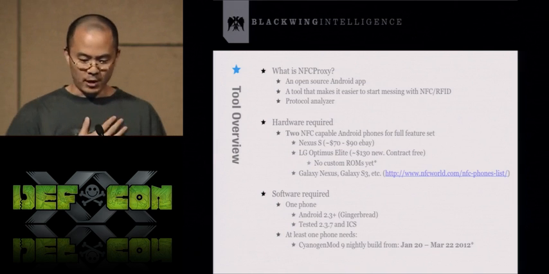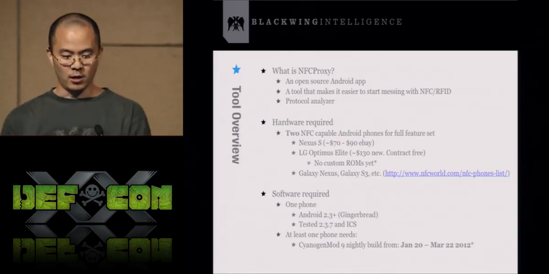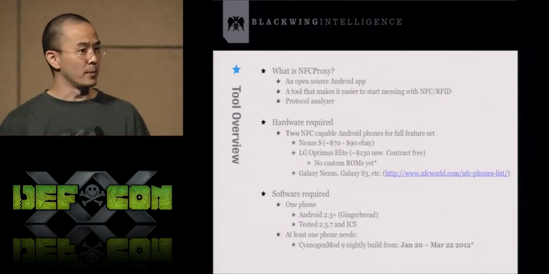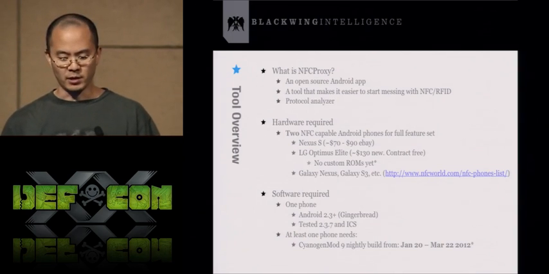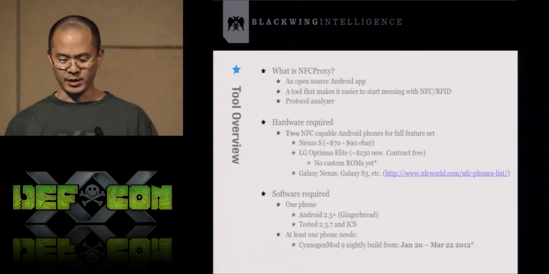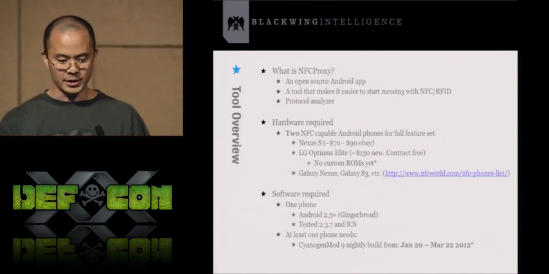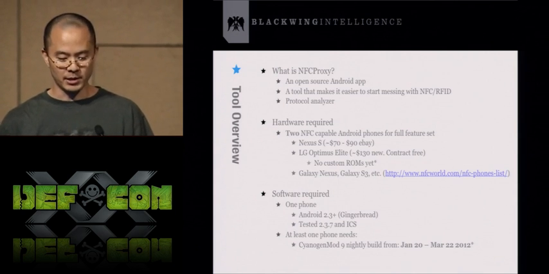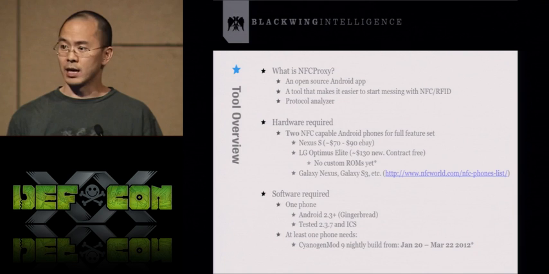The hardware that's required to use NFC proxy is two NFC-capable phones. My favorite would be the Nexus S. You can get one relatively cheaply off eBay for about $70 to $90. There's the LG Optimus. If you're for some reason against getting a used phone, you can get an LG Optimus Elite that just came out. You can get one for $130 without a contract.